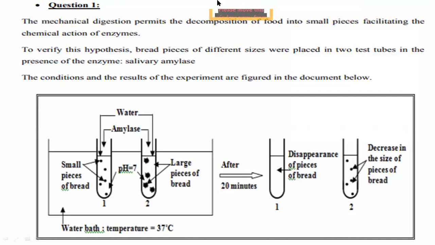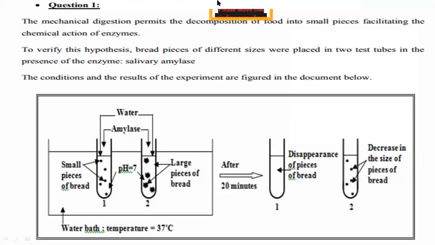Alma, can you do it? Yes, Alma. What's the question? Interpret in tube 2 only. We finished tube 1. Okay. In tube 2, after adding large pieces of bread to a mixture of water and amylase.